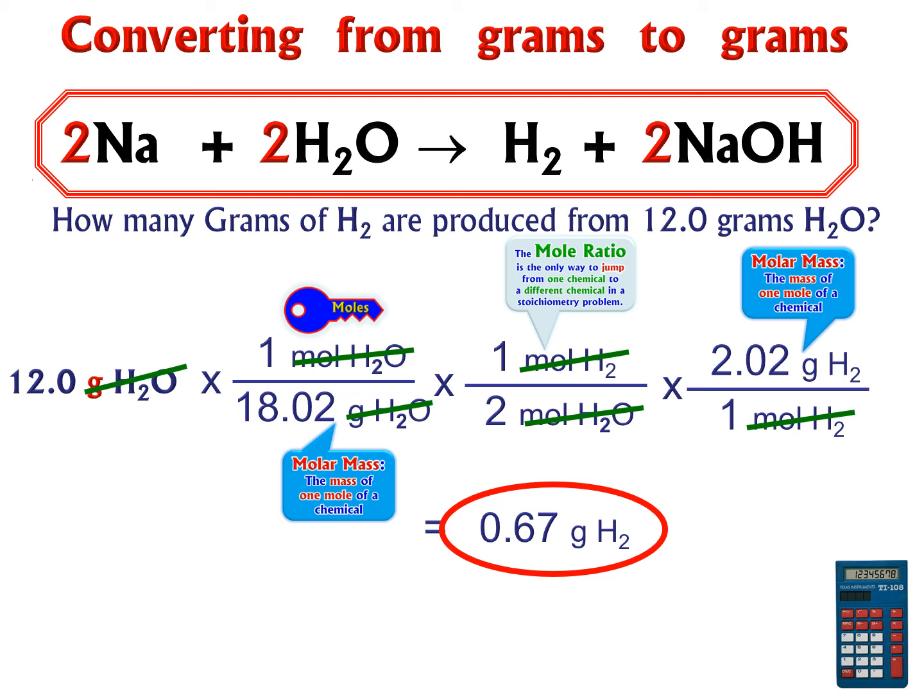It has the lowest molar mass for any chemical. So hydrogen is underrepresented in grams. This is a good example of why we have to use moles, because grams are not fair to hydrogen. They don't count it correctly because it's such a lightweight atom and such a lightweight molecule. Okay, so that's the second example of converting from grams to grams.